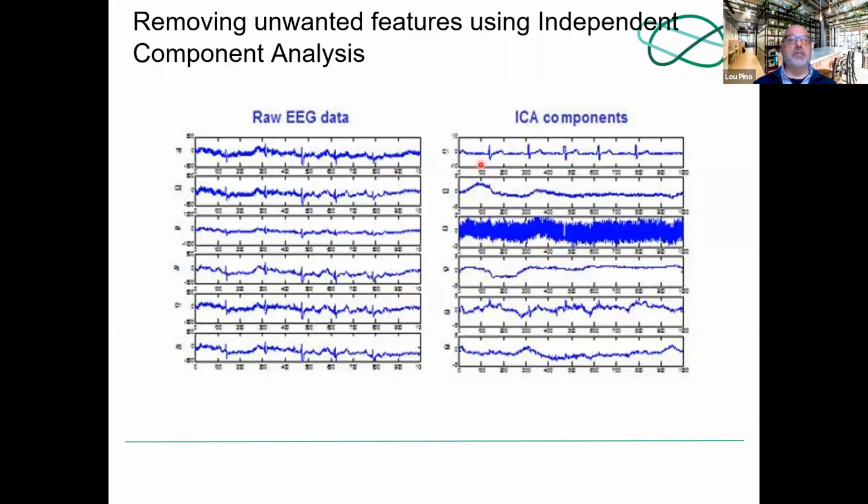Here we can see that the raw EEG data has been transformed into ICA components. And it did a good job of separating the heartbeat and the muscle tension, but it's not perfect. In this fifth component here, there's still evidence of heartbeat. And the idea was to separate out the unwanted biological artifacts just to get pure brain signal.